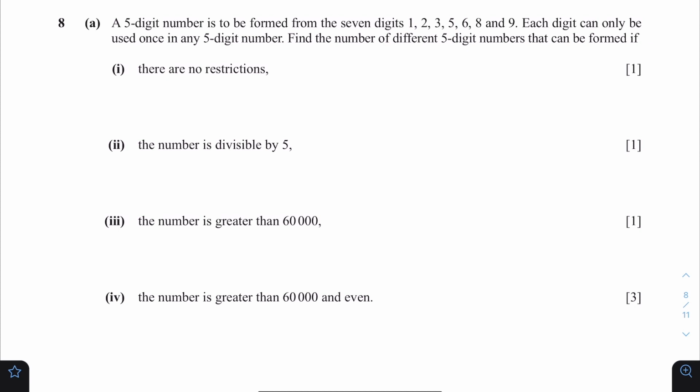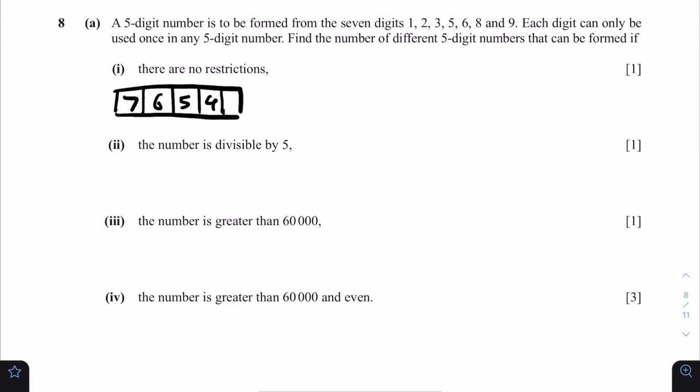So no restrictions means that we have 5 spaces that can be filled. I always like to draw these boxes. 1, 2, 3, 4, 5. What that means is we have a total of 7 digits to choose from. The first box, you can choose any of the 7 digits. The second box, you can choose 6 because one of them has already been picked in the first one. Third one, 5.